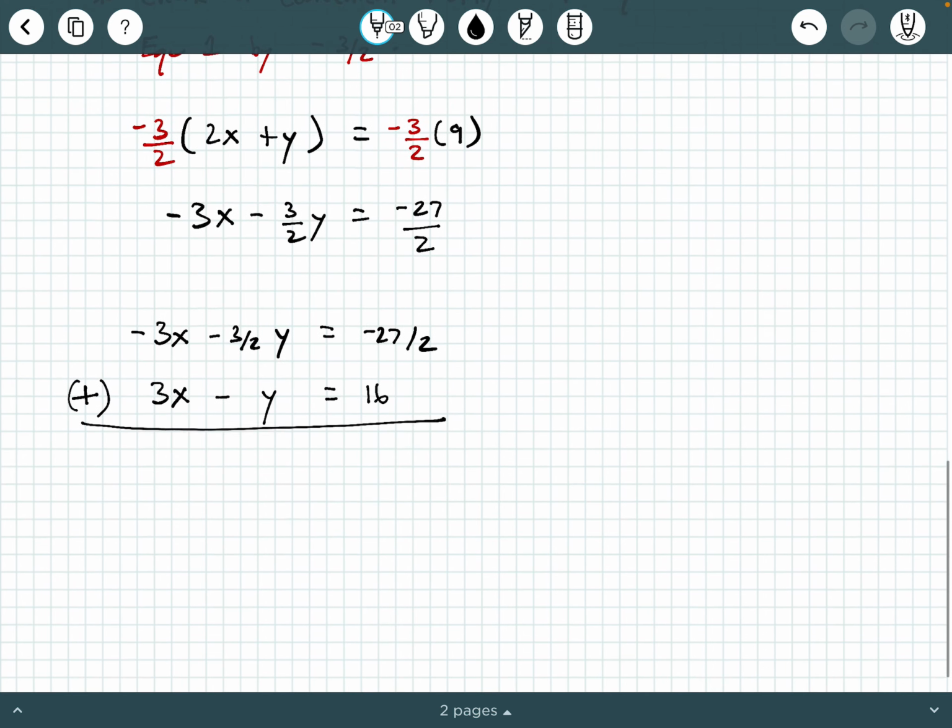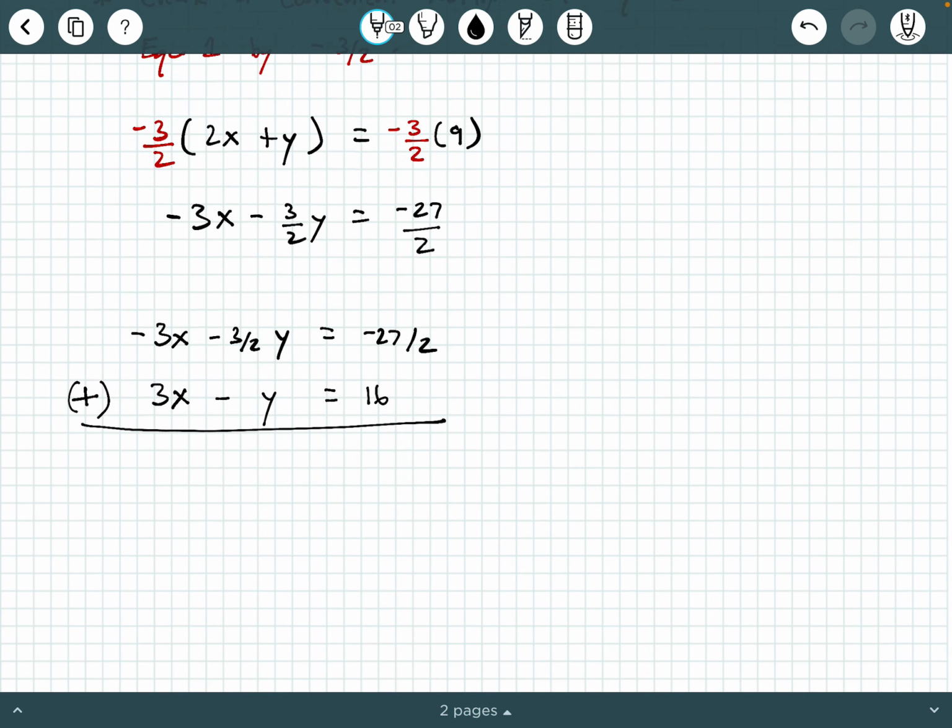And where is there a nice convenient cancellation here? Well, on the x variable, okay? And then once I add the y terms vertically, I'll get negative 5/2 y. And then on the right side of the equation, I will get a 5 over 2.